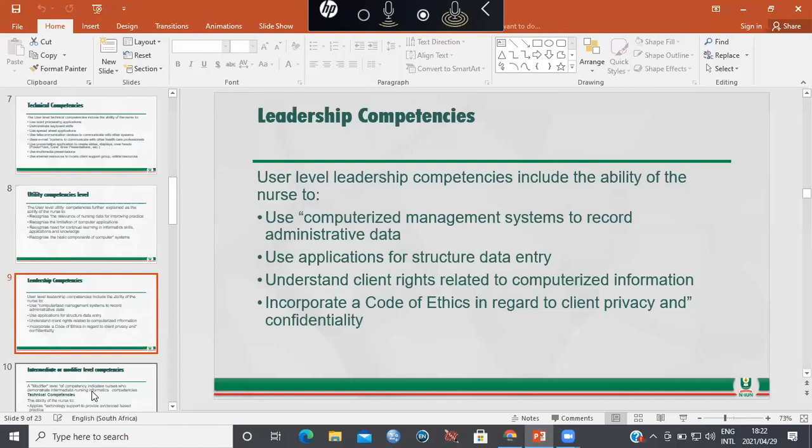Lastly, incorporate a code of ethics in regards to client privacy and confidentiality. That is the three subdivisions under beginner entry user level of competency.